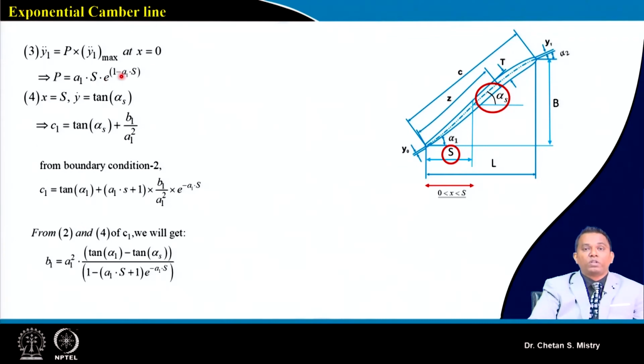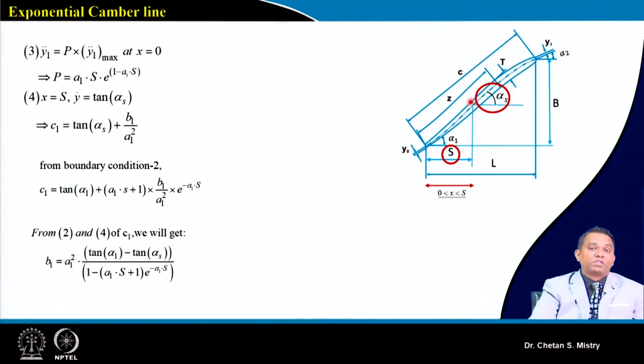Now as we have discussed, near this leading edge we may need to look for slight camber, and that is the reason why we are incorporating this boundary condition, where we can calculate the value of constant p.